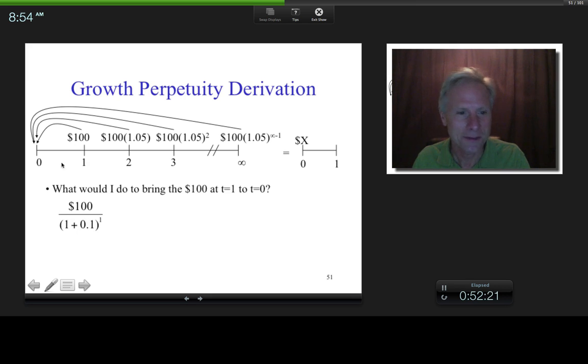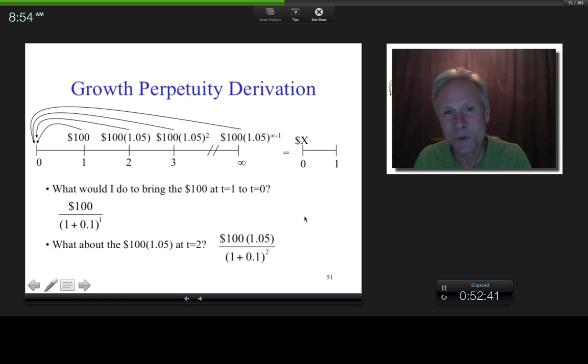So there it is, this 100 divided by 1.1. What about this one? What would I do to bring this back to time 0? I'd divide it, except instead of dividing it by 1.1, now I'm going to divide it by what? Well, 1.1 squared. Bring it back 2 time periods. So I'm using single cash flow principles here.